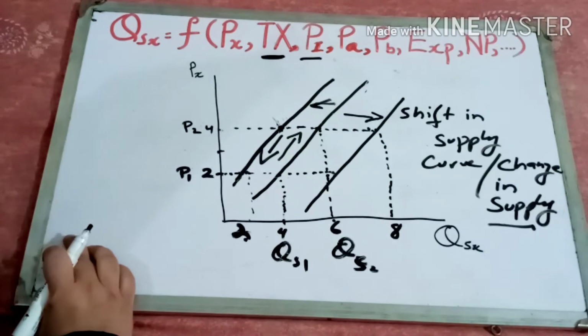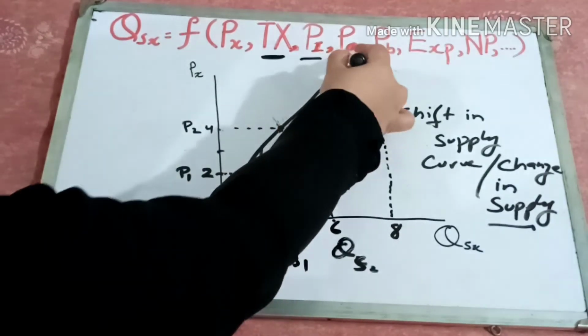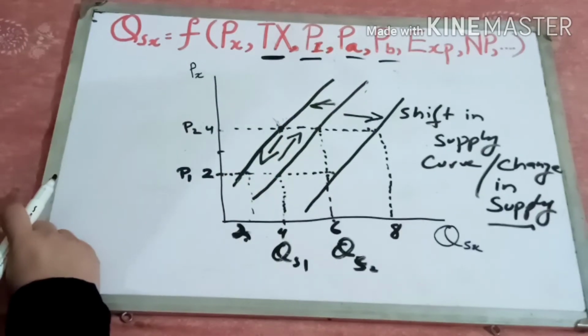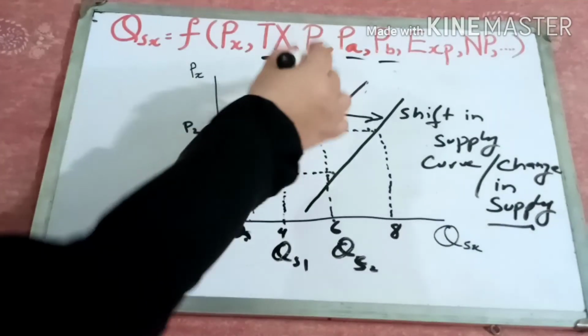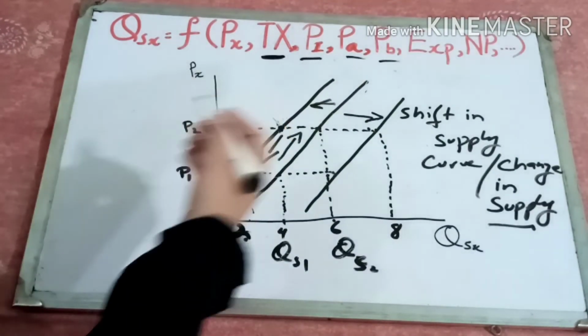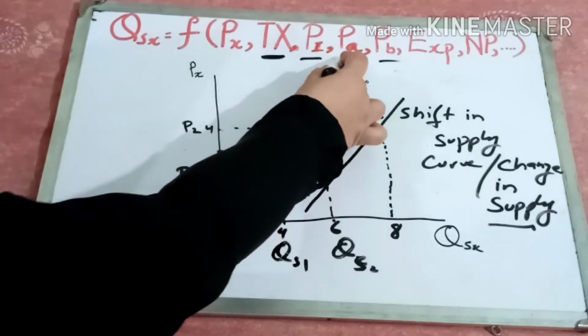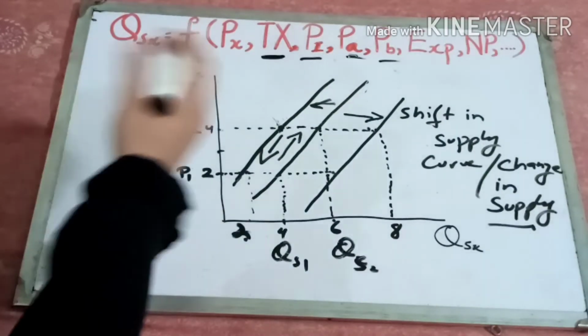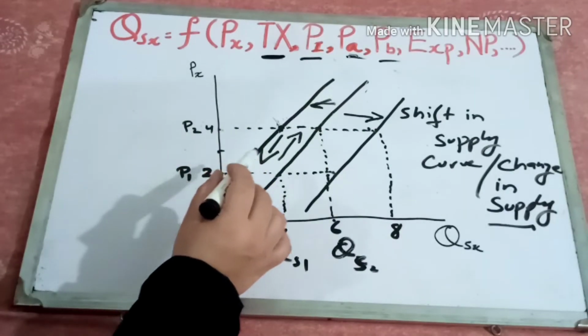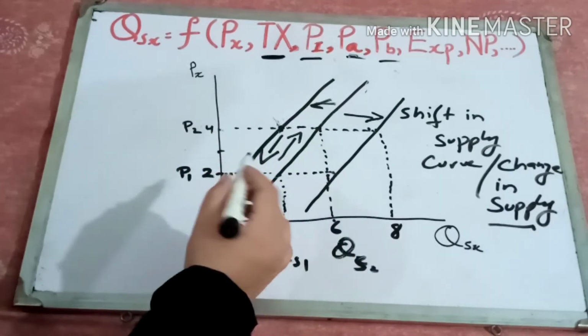Now one other thing: the effect of a change in the price of a related good on the supply of a given good depends on whether the related good is a substitute or a complement in production. An increase in the price of a substitute good, let's suppose PA is my substitute good, causes the supply curve for the given good to shift to the left.